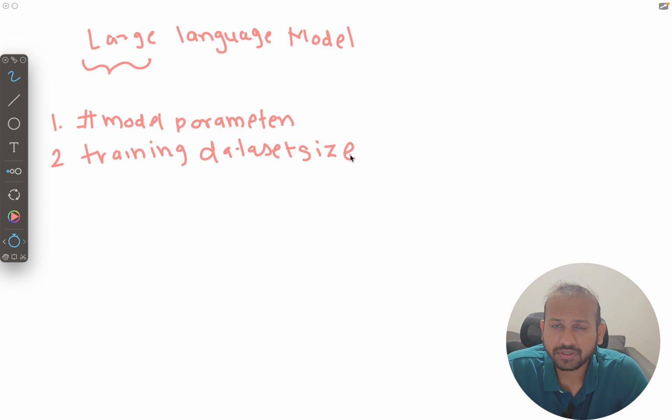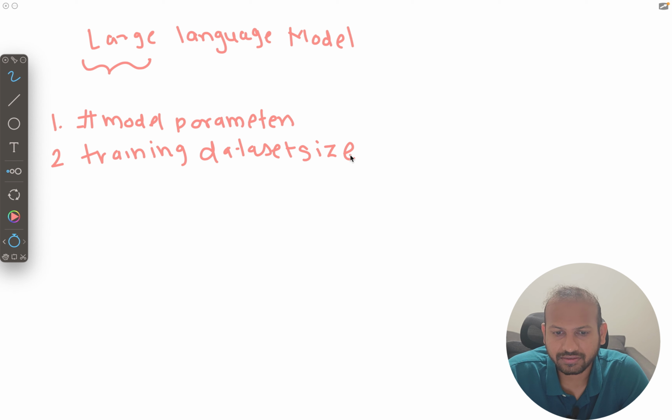Typically, the model parameters are in the range of 70 to 100 billion parameters. Compared with traditional machine learning networks or even deep learning networks like CNN, these parameters are really huge, and that's why it takes days and days to train these models, and the cost of this training is also huge.